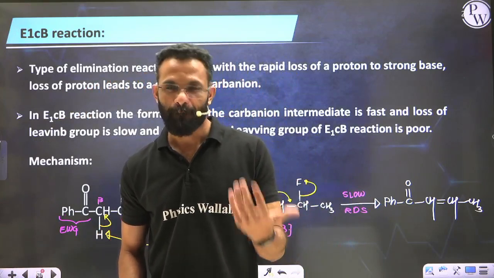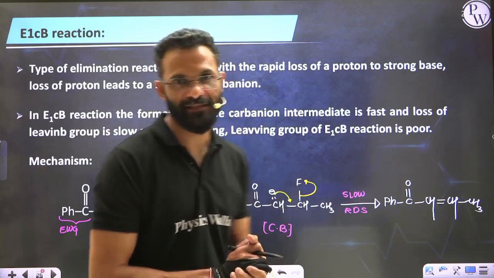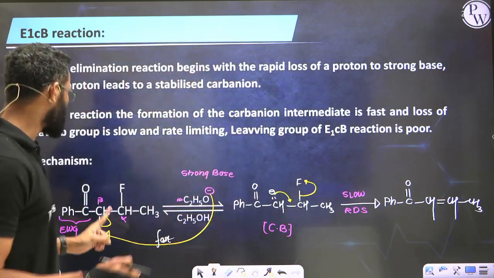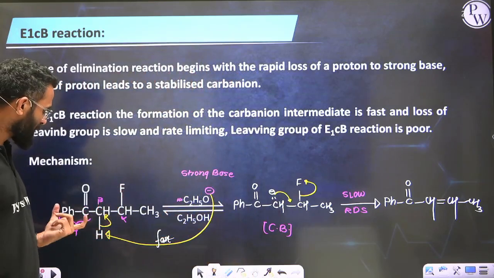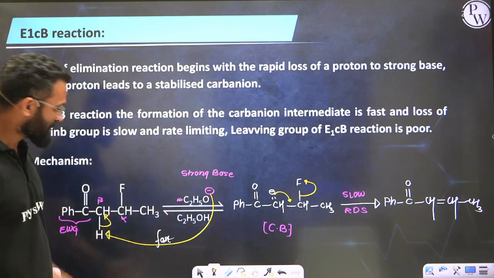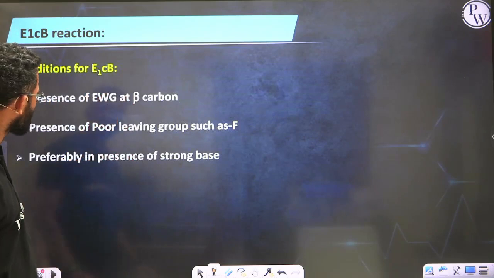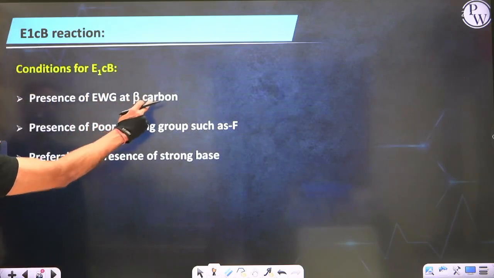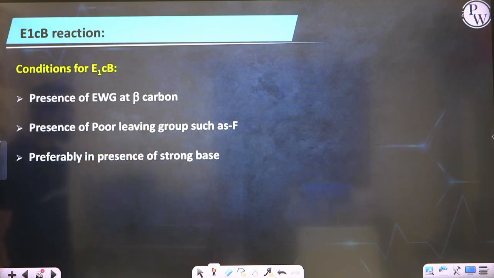Okay. Before that, let's understand the conditions required for this E1CB to take place. Number one, your substrate should have a poor leaving group such as F. Number two, there should be an electron withdrawing group attached to the beta carbon. Number three, you need the presence of a strong base. So these are the conditions: presence of EWG at beta carbon, poor leaving group such as F, and preferably the presence of a strong base.